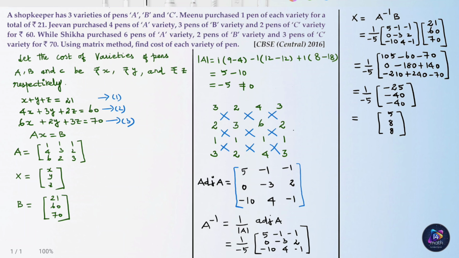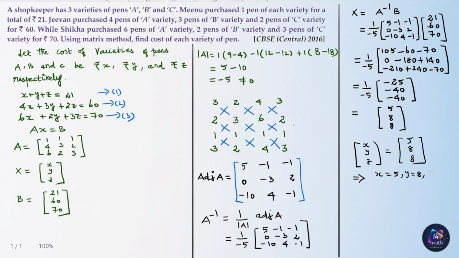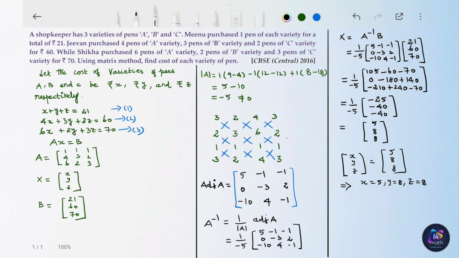So what is left hand side? X, Y, Z, and then right hand side 5, 8, 8. When two matrices are equal, then the respective elements are equal. So this implies X equal to 5, Y is equal to 8, Z equal to 8. Therefore, what is X?